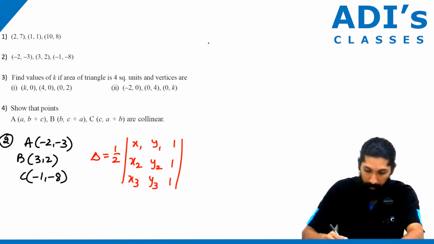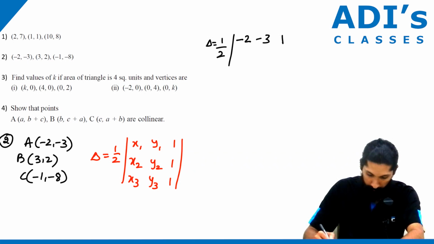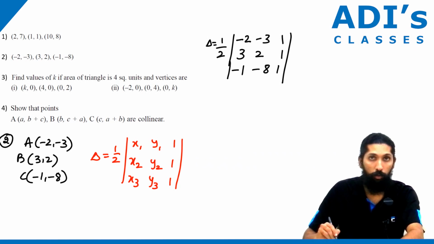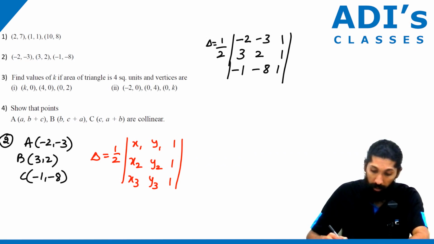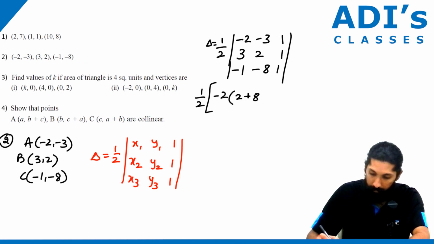You are going to have delta is equal to half, minus 2 minus 3 1, 3 2 1, minus 1 minus 8 1. This is what you have. Expand. You are going to have half minus 2 into 2 plus 8.